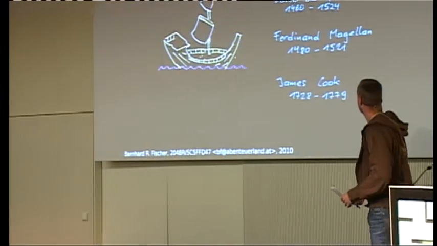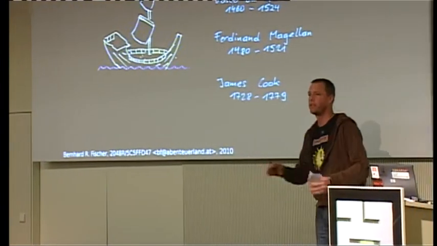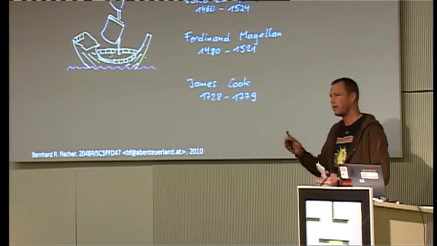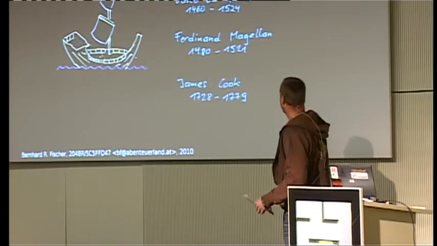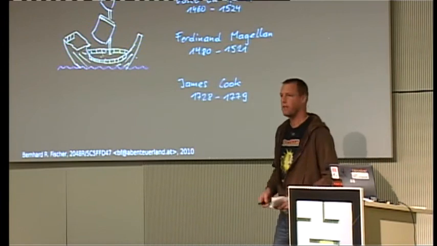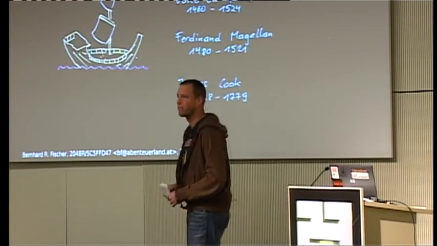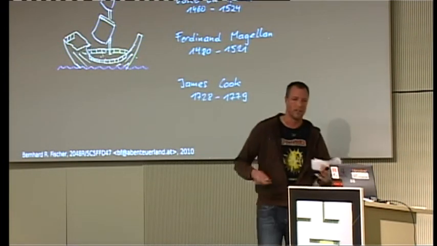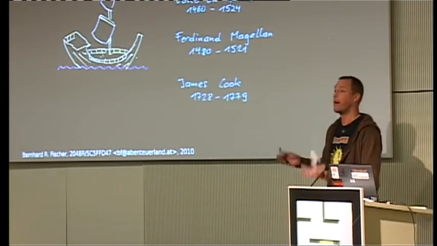Unfortunately, he was killed somewhere, so he couldn't finish his trip, but the boat arrived again. And then we have James Cook. He was a brilliant scientist and a navigator also, and a good captain. He did many explorations around the globe.